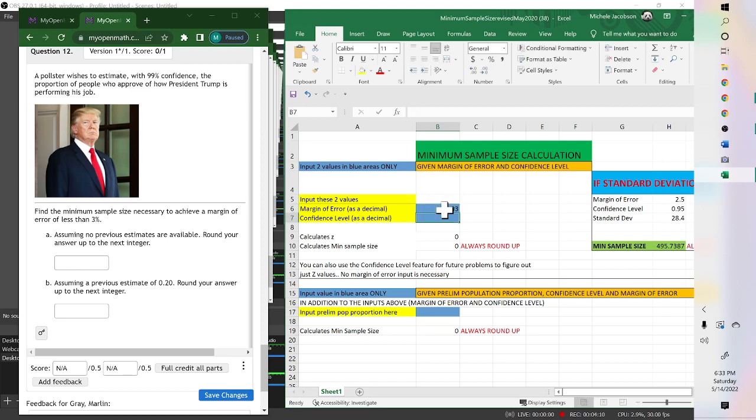Our confidence level is 0.99. Assuming no previous estimates are available, round your answer to the next integer. So by putting these two in, we get 1,844. You have to round up. So it's 1844.